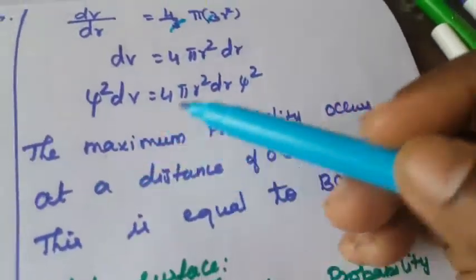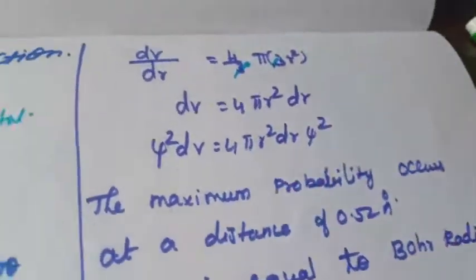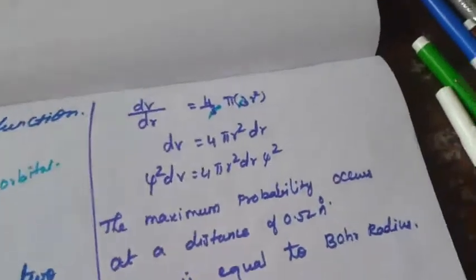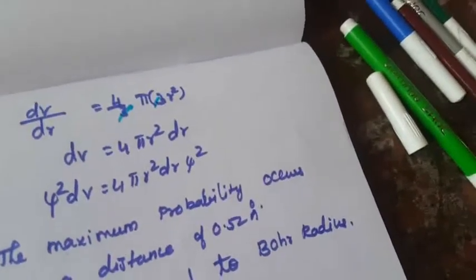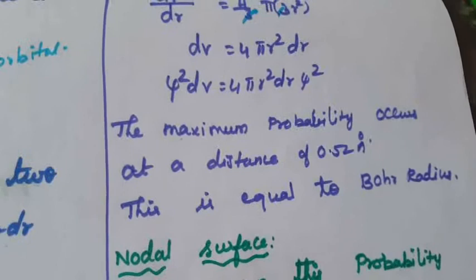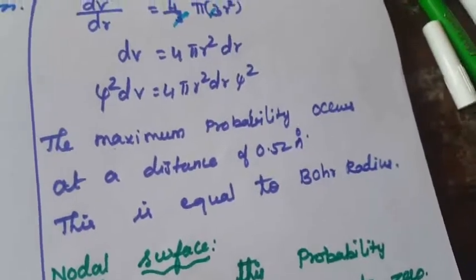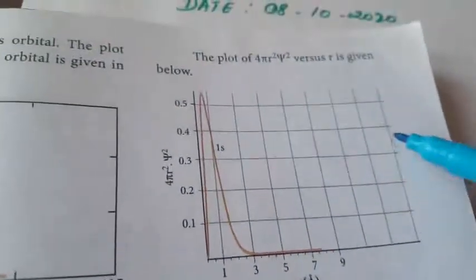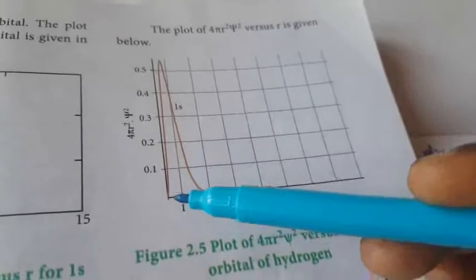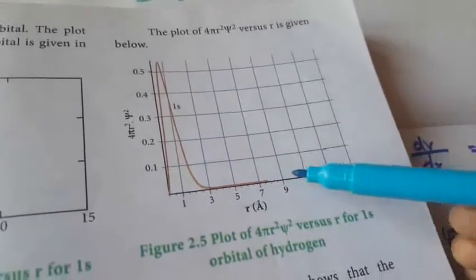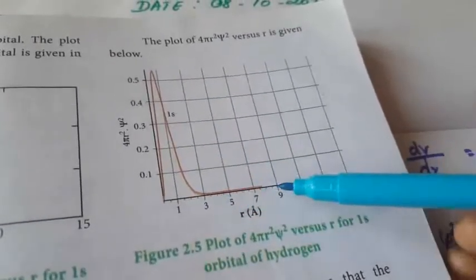From this we understand, again we plot a graph: the plot of 4 pi r square psi square dr versus the radius r. What is the curve? Again one peak is obtained, and after that the values decrease.